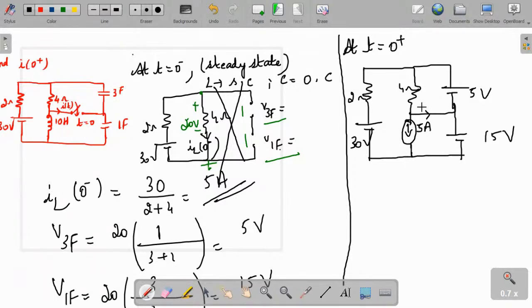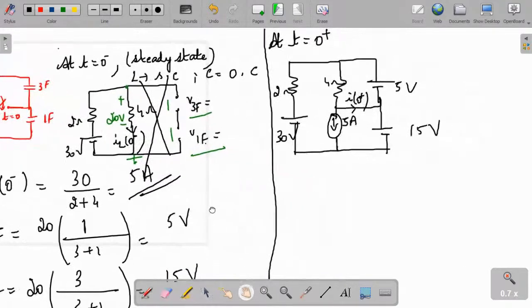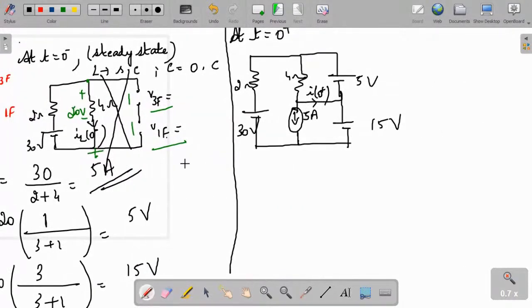So here I of t is given, right? So this is what you have to find, I of 0 plus. Yes, how to find? So what is the voltage drop now?